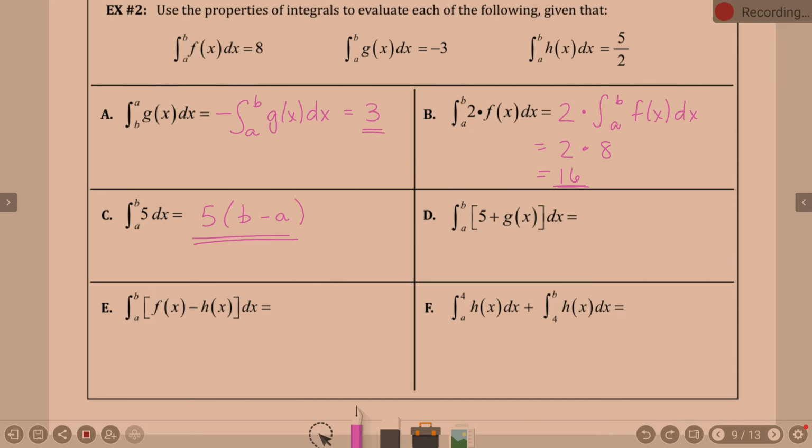D. Integral from a to b of 5 plus g of x dx. Okay, so officially the plus sign says I can split this into 2 integrals. The integral from a to b of 5 dx, and I put a dx with that because I want to always have that dx telling me it's with respect to x, plus the integral from a to b of g of x dx. So it's almost like you are distributing that dx and it has to go in each part.